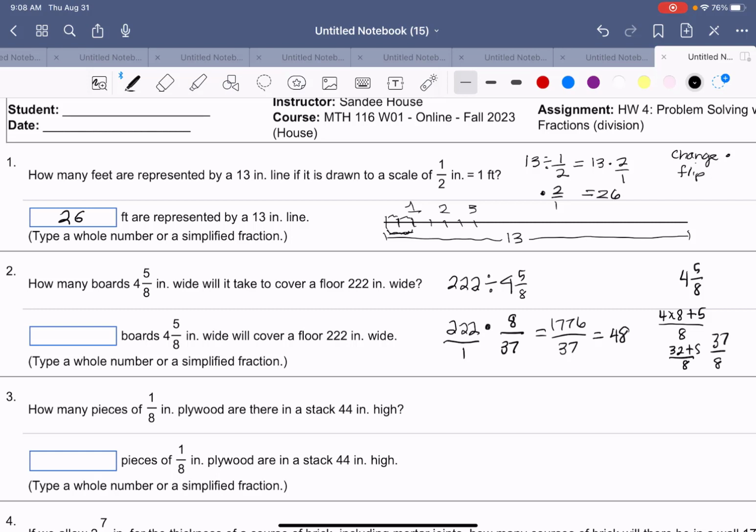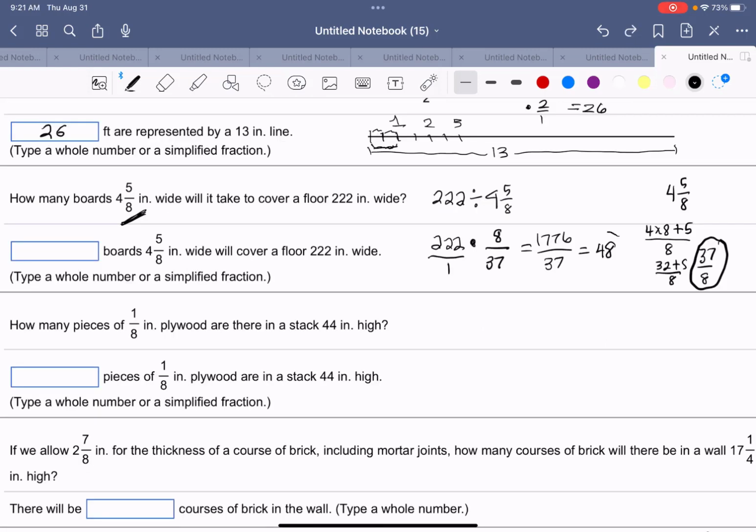So the important thing here is that when you do operations with mixed numbers, they have to be converted to fractions first. When you divide, you multiply and you flip. So that means we'll need to purchase 48 boards.